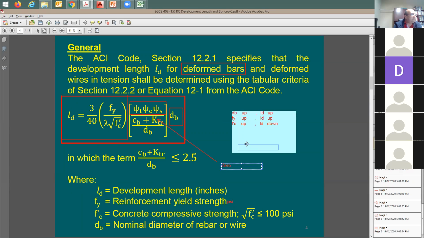Put it here so it's going to stand out. So, great. I need to understand what this C sub B is. Now, I guess you are familiar with everything in this equation.